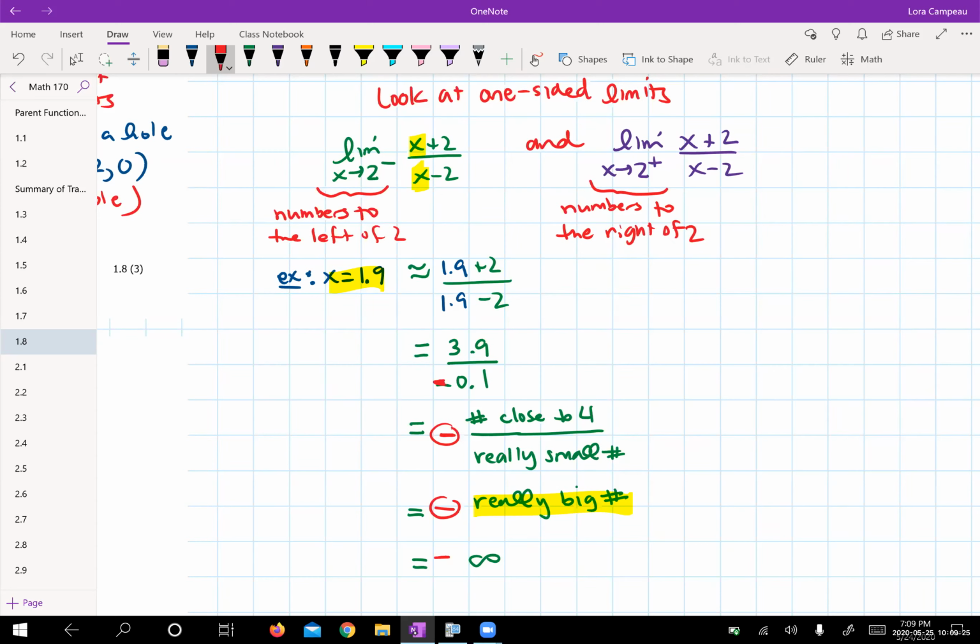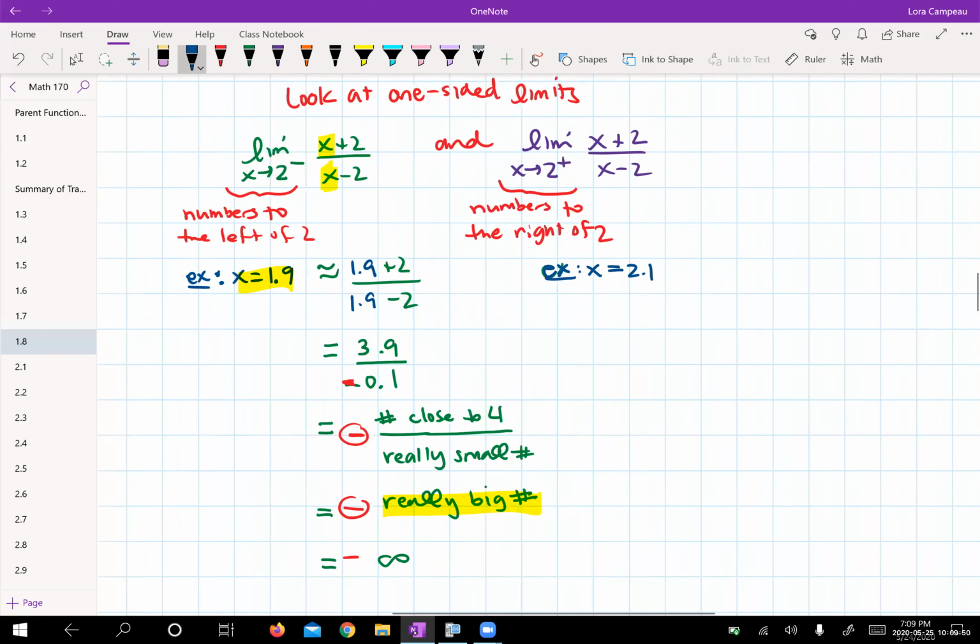And if you want to pick a number to the right of 2, we want it pretty close to 2. So 2.1 would be a good candidate. You don't want to choose 10 because you're not speaking about the neighborhood of 2 anymore. So let's say we tried x equals 2.1, and we tried to plug it into our function.